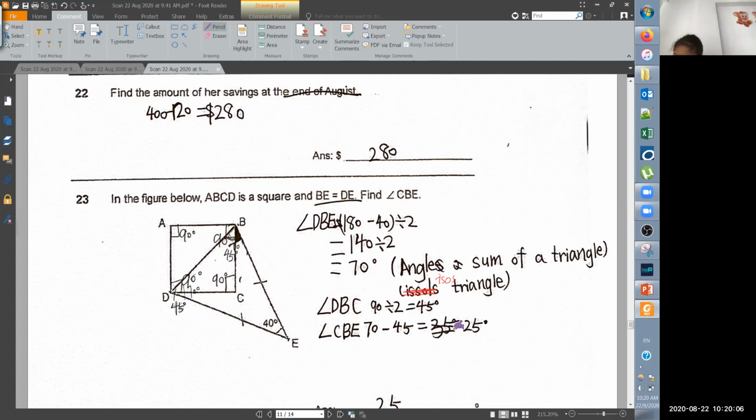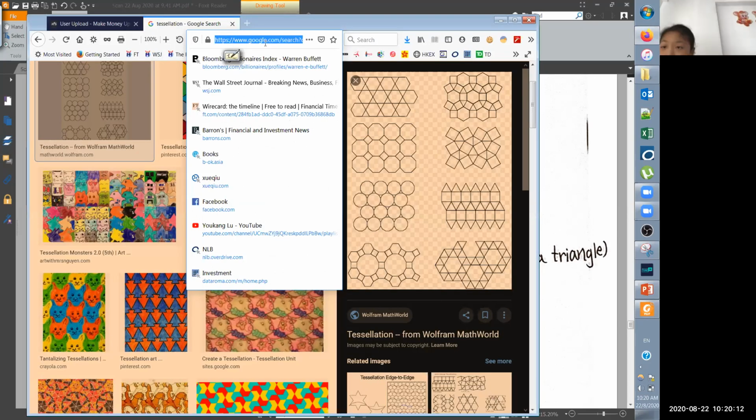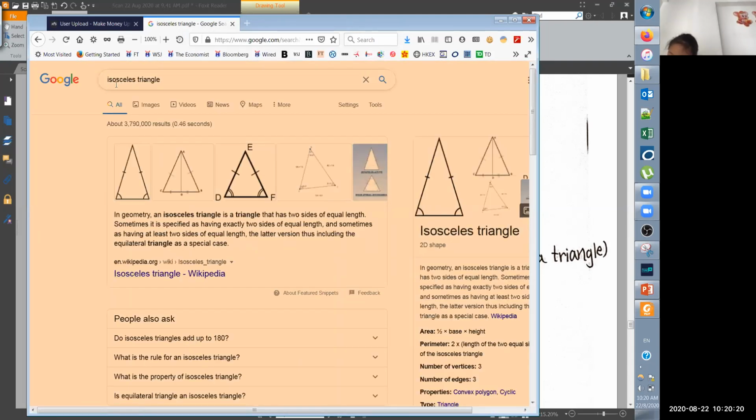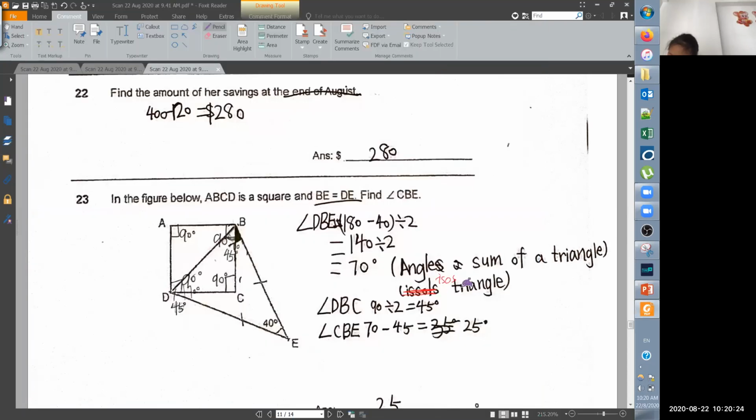You can also check back the spelling. Let me double check the spelling also. Yeah. Just isos. Okay, this is the short form, isos. Then what about this?